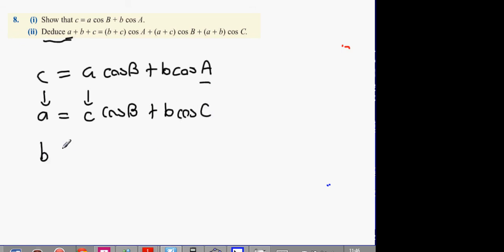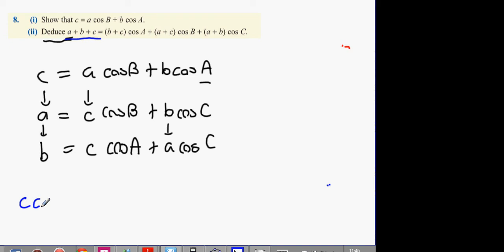And then we're going to do B. Anywhere that there used to be an A in the second formula, now replace it with B. So C is safe, B turns into A, and that turns into an A. Okay, and then also what it wants me to do is add them all together. A plus B plus C. So I'll add all three of them together.